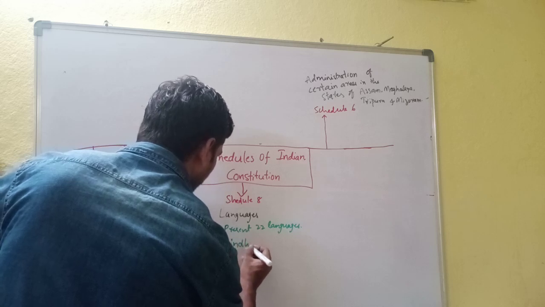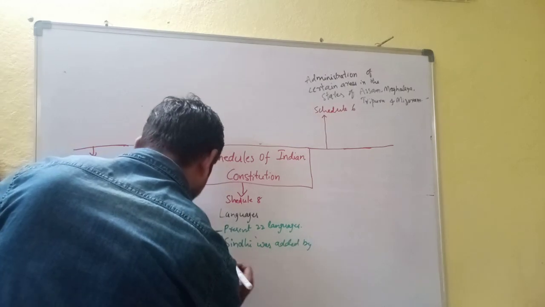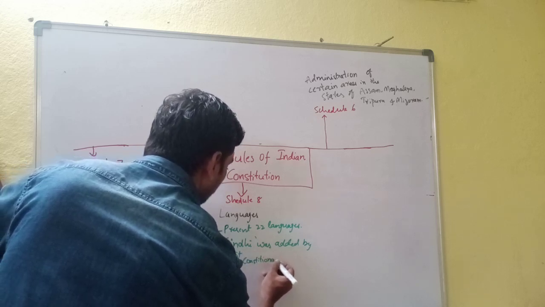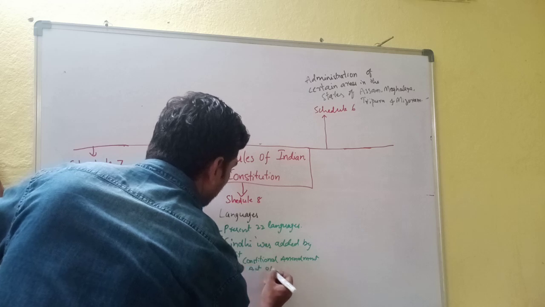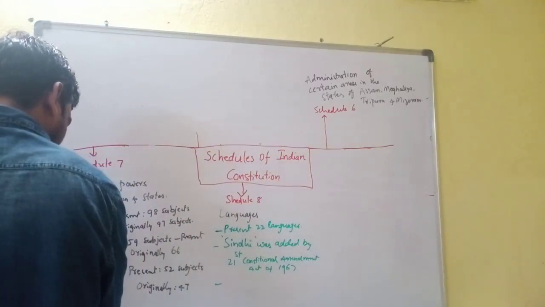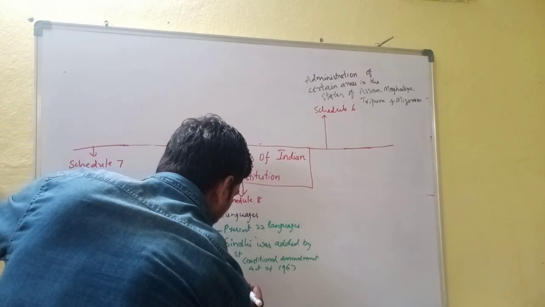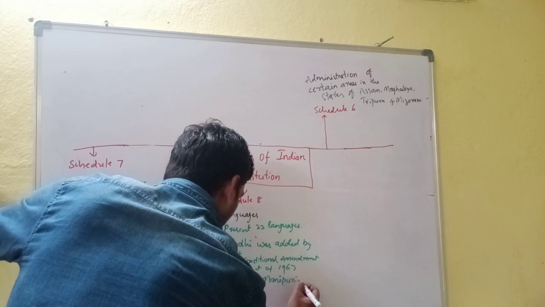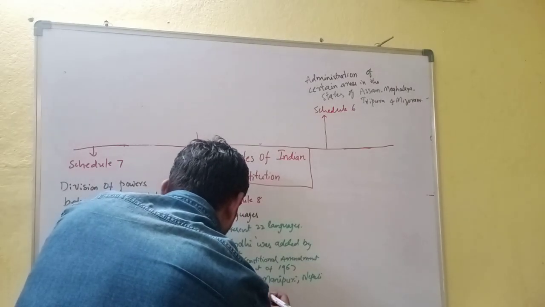Later, Konkani, Manipuri and Nepali were added by the 71st Constitutional Amendment Act of 1992.